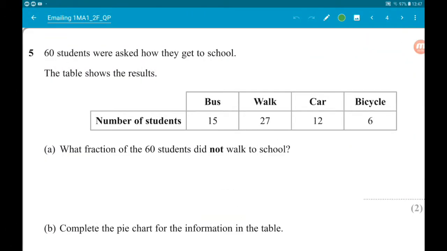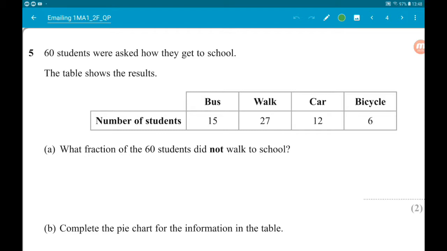Number 5. 60 students were asked how they get to school. The table shows the results. Part A asks us what fraction of the 60 students did not walk to school. For that we need to know how many didn't walk to school. The easiest way is to do the whole 60 minus the ones that did walk to school.